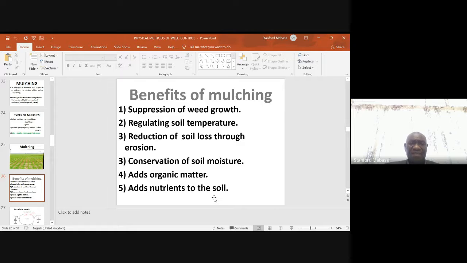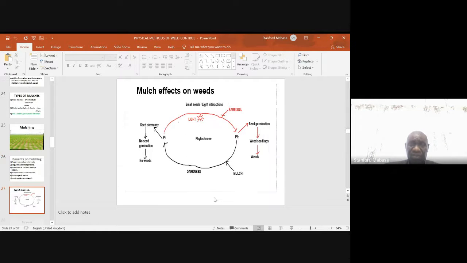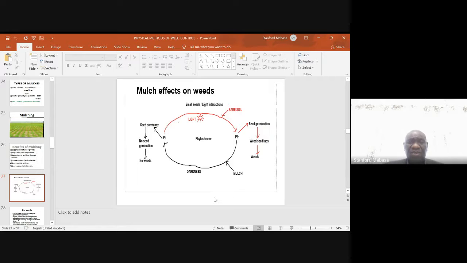Mulching can add organic matter. It can also add nutrients to the soil. We want to see what can happen to weeds during mulching.